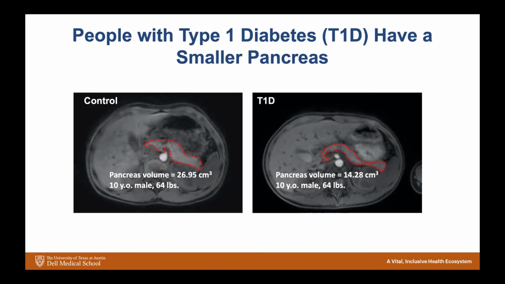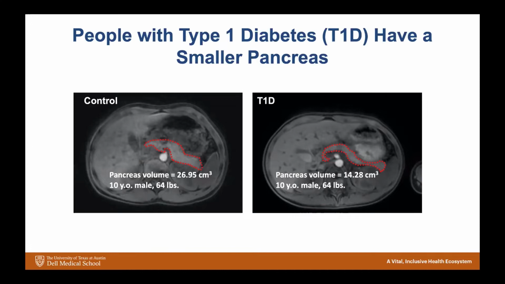So we've imaged a number of kids who have type 1 diabetes and a number of kids who don't, and we see some marked differences between them. I should note that the idea that the pancreas is smaller in type 1 diabetes is not novel.